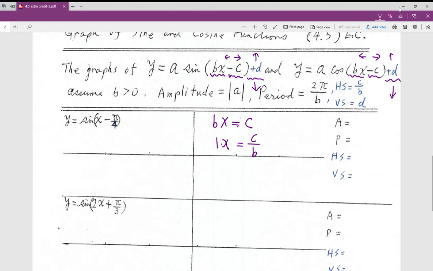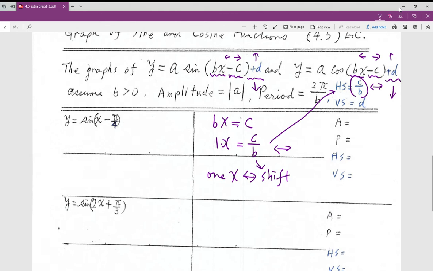So the real number we want to talk about for shifting left or right is for 1x. So horizontal, the formula will be c over b. That's the horizontal shifting.